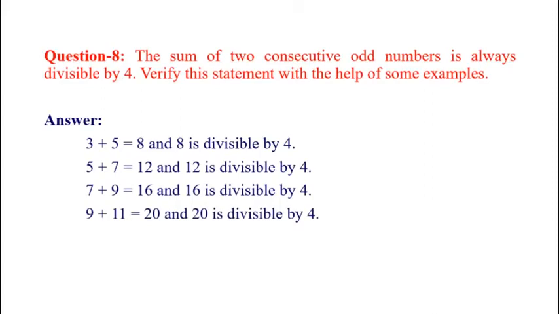So, 9 plus 11 is 20 and 20 is divisible by 4. Then 73 and 75, they are also consecutive odd numbers. So 73 plus 75 is equal to 148, and 148 is divisible by 4.